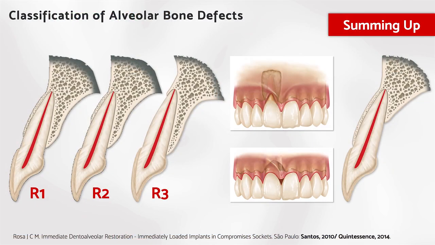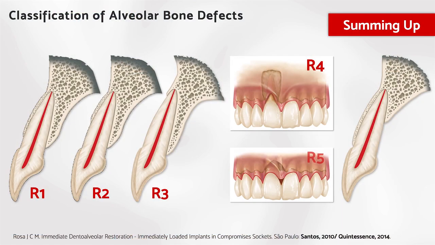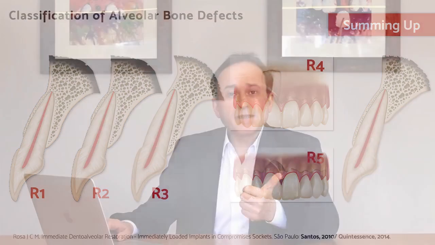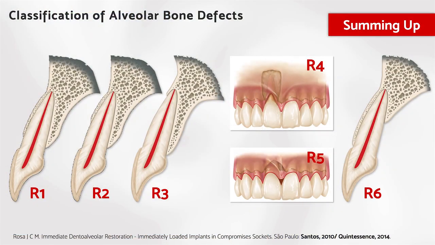R3, at the apical third of the root. R4, when we have the total loss of the buccal bone wall extending beyond the root limits, in combination with gingival recession. R5, when we have the bone loss at the proximal aspect, either in the mesial or the distal bone ridge. And R6, bone loss at the palatal wall.